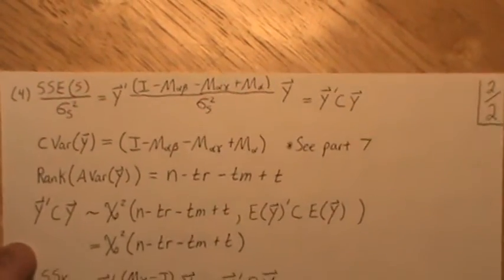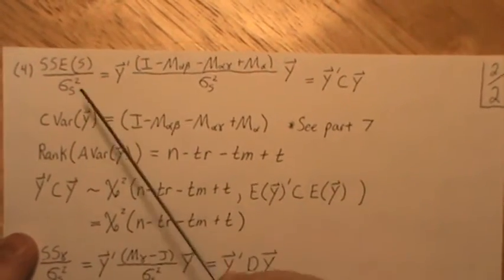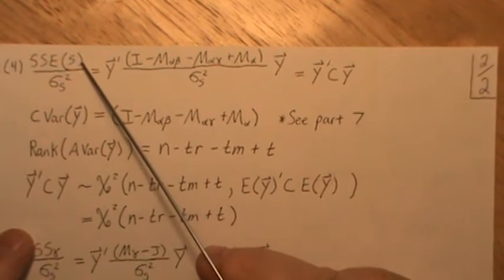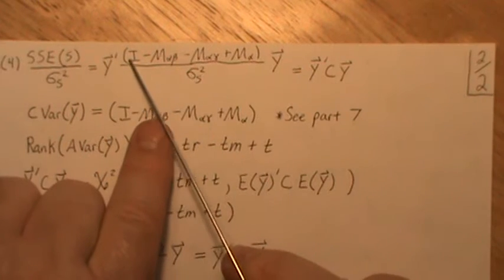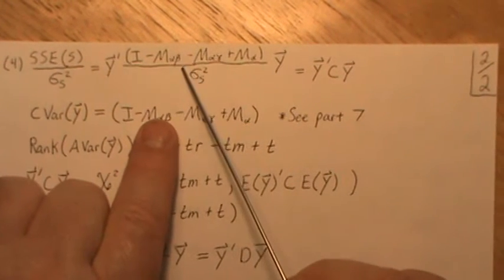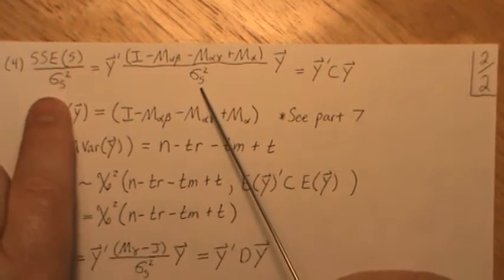So here the sum of squares error for the split plot, divided by this constant, is this. So this first part is the sums of squares error for the split plot, and then of course the constant.